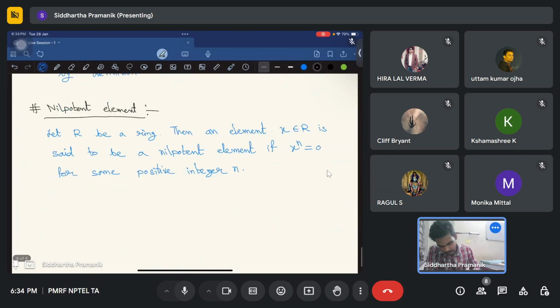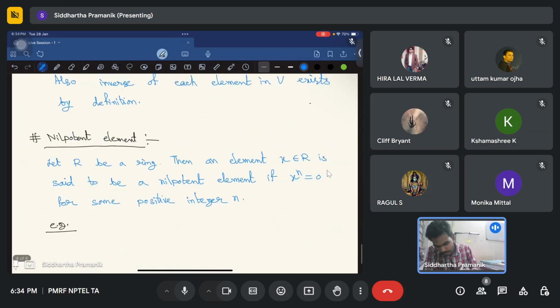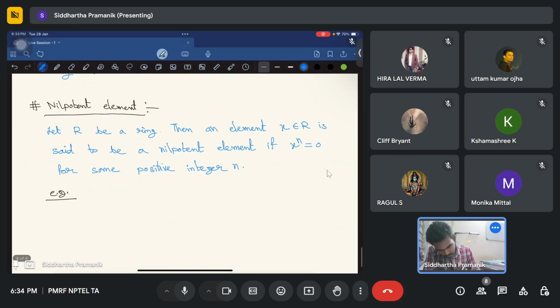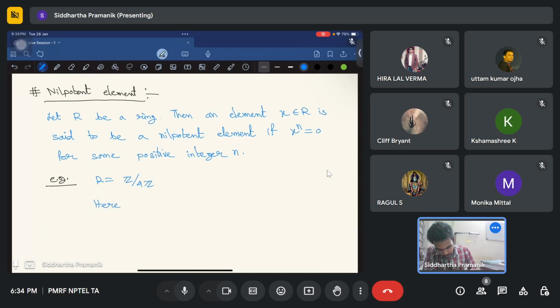So let's see an example quickly. I will give the same example which I have given for the zero divisors. Or maybe I can change also. Let's take R to be the ring Z mod 4Z. So here 2 bar square is 0 bar. So 2 bar is nilpotent. Okay.